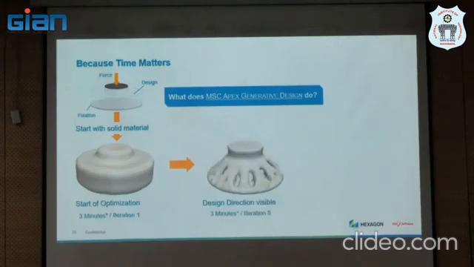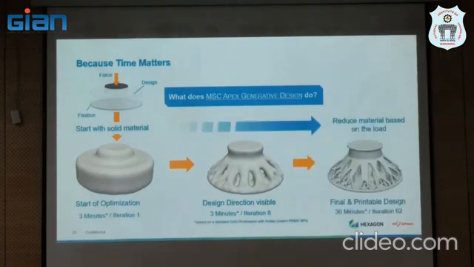Can you see? These are the areas where the stress is less than the UTS, so it removed them. Again the same set of load will be applied, then in further iterations it will remove further material. This is clear? Any doubts? So this is how any stress based optimization tool works.